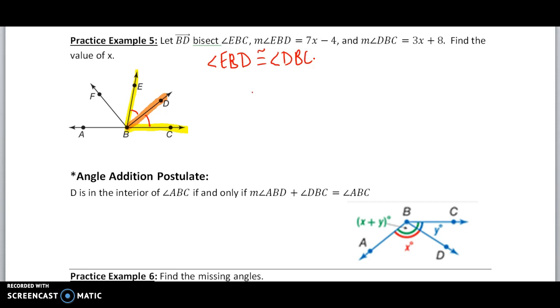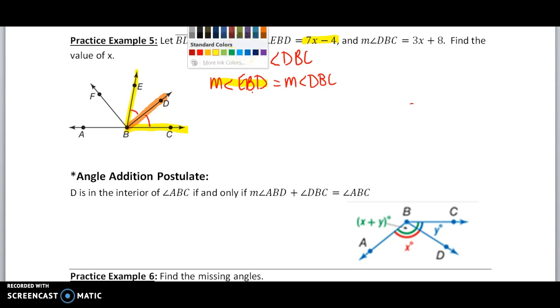Okay, using the definition we've already talked about, when I see that 2 angles are congruent, we know their measures are equal. So I'm using that thought process to say, oh, the measure of angle EBD is equal to the measure of angle DBC. And once I have that, EBD is the 7x minus 4. So I'm going to replace measure of angle EBD with 7x minus 4.